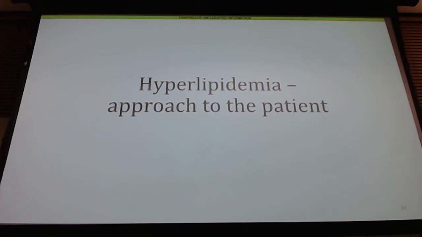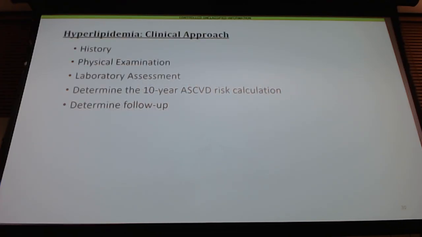So how are you going to approach your patients who you suspect have cholesterol issues? Well, similar to every other patient, doing that history, doing that physical is going to be important, because you're looking for the why behind it. Is it because they're eating McDonald's every day? Is it because they have a genetic history for it? Everybody in their family has this, and everybody in their family has a heart attack by 30.